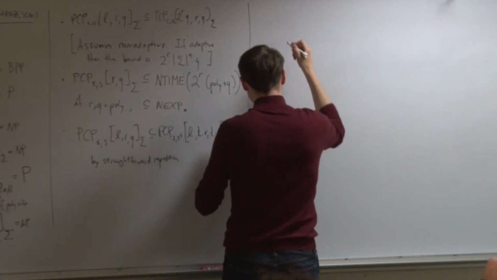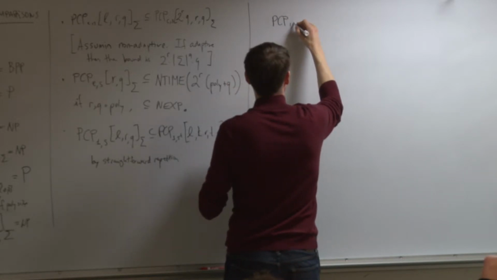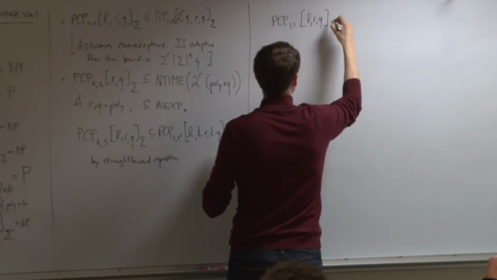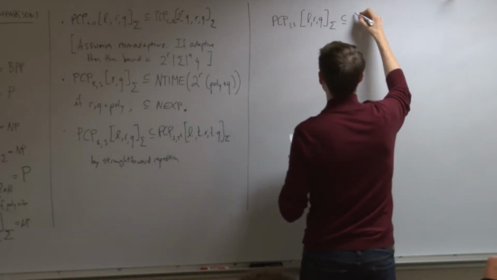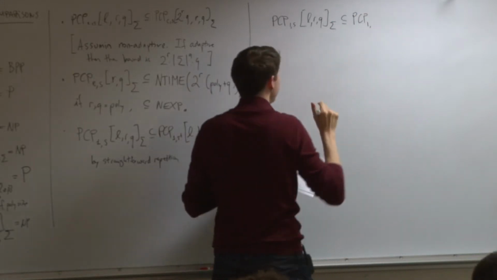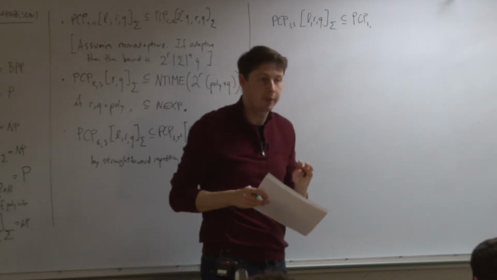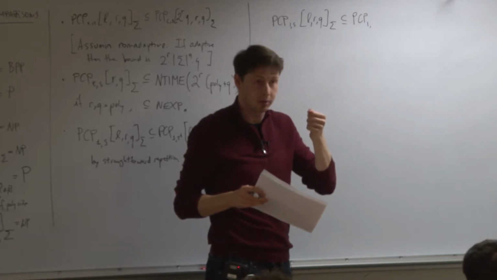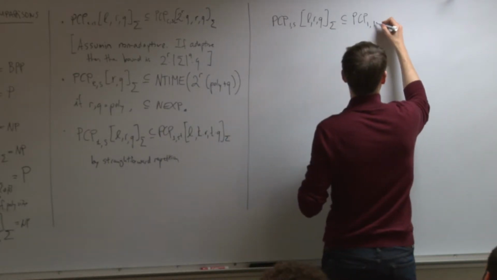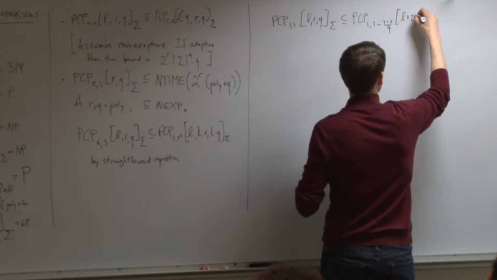We're going to look at this PCP, 1, s, L, R, Q. So basically, what we're going to explain is we can take a hit in soundness in order to get two queries, always. Okay, so we're going to get 1 minus s over q, with a little bit bigger proof.